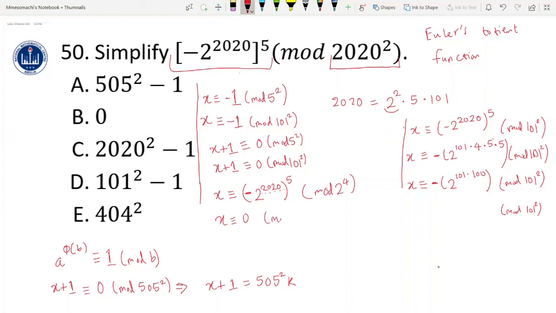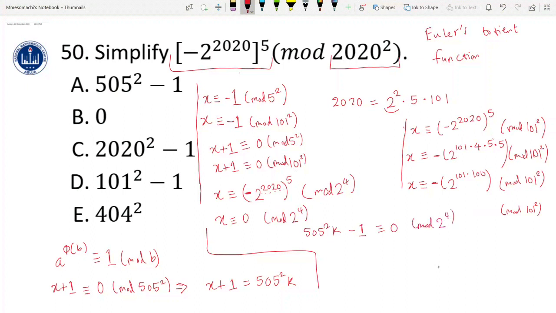So x is congruent to 0 mod 2 to the power of 4. Okay, so it means we can put what x is. So this implies that 505 squared k minus 1 is congruent to 0 mod 2 to the power of 4.